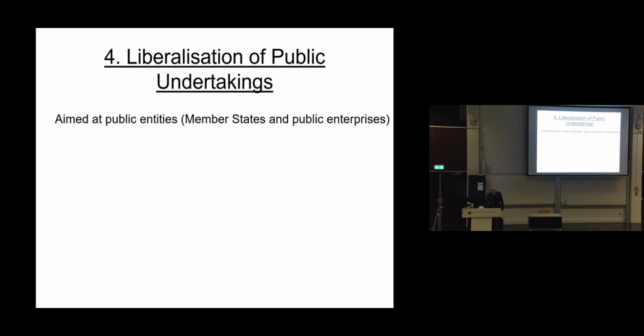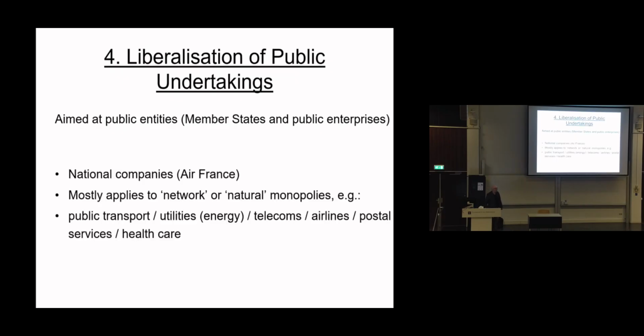All right, now let's look at state aid and state and public undertakings. Aid to public entities, basically the member states and public enterprises. For example, in the past, there were state-owned companies. Air France, for example, used to be a company owned by the state. Today, we would find that probably quite odd, that Air France was owned by the government, that the pilots were civil servants for the state.